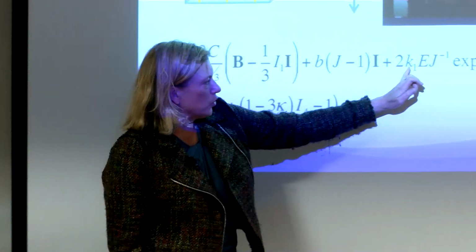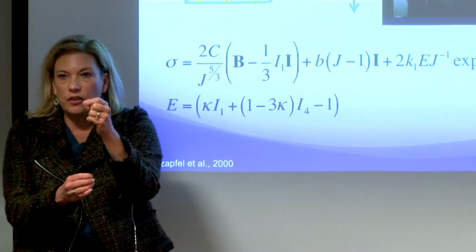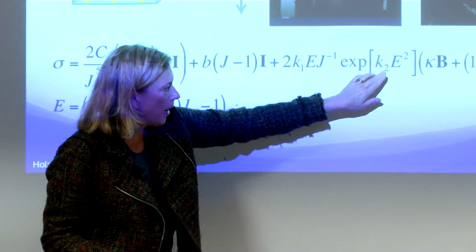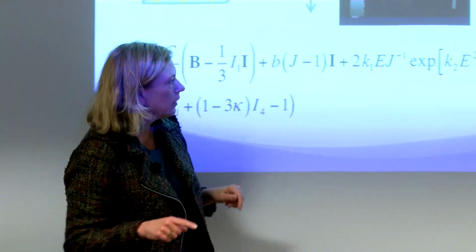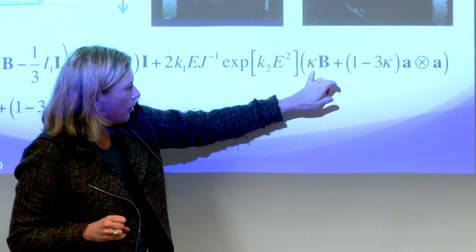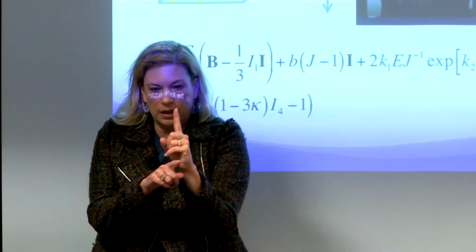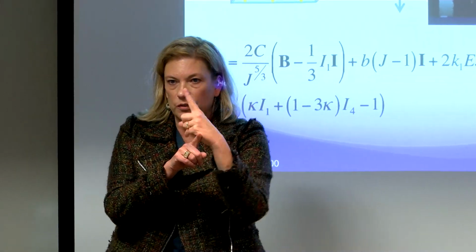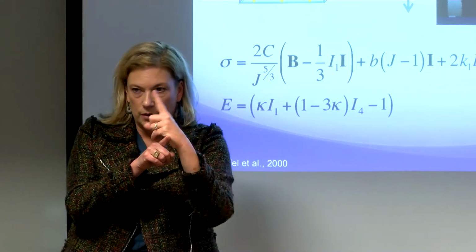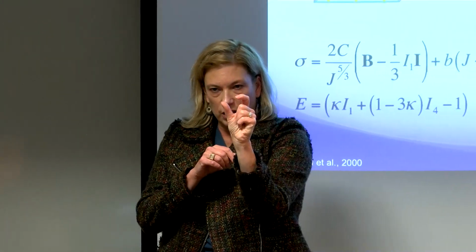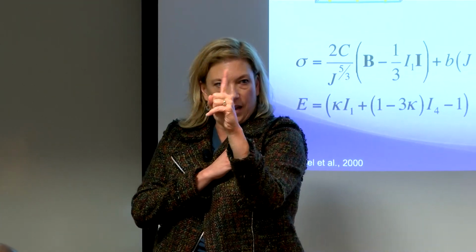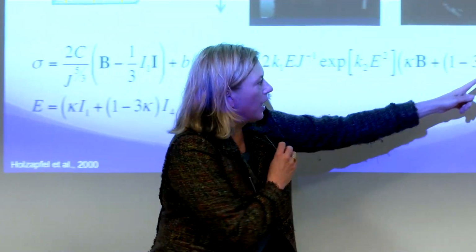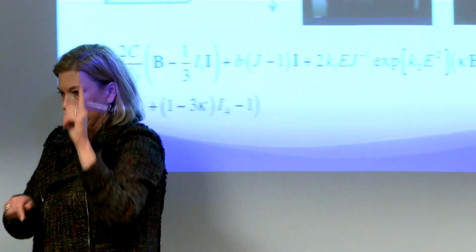We have a parameter describing essentially the initial stiffness of the fibers, a parameter describing sort of the nonlinearity of the fiber response, another parameter describing the local orientation distribution function of the fibers. So if I'm looking at a region, even though the predominant fiber direction is this way, how dispersed is that? That's kappa. And then we have the prominent fiber direction.